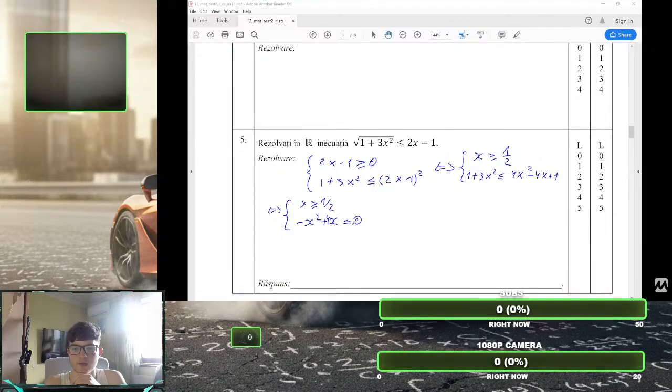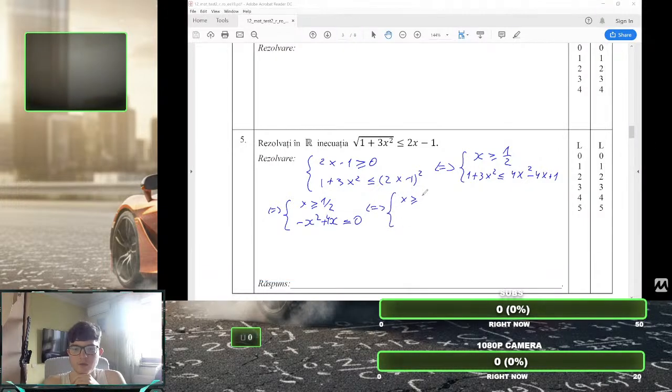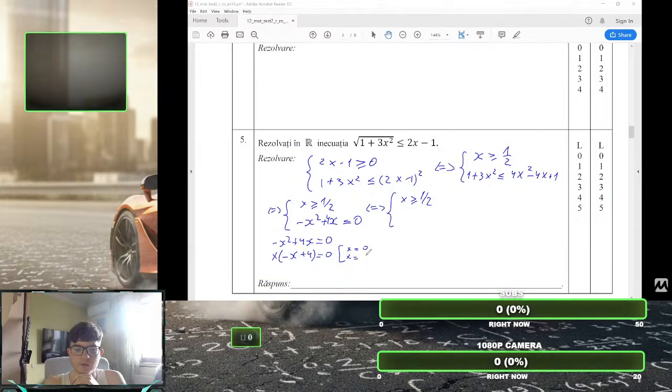Plus 4x. Here you have to take the common factor out, which is going to be x. So we took the common factor out. So x is either 0 or x is 4.